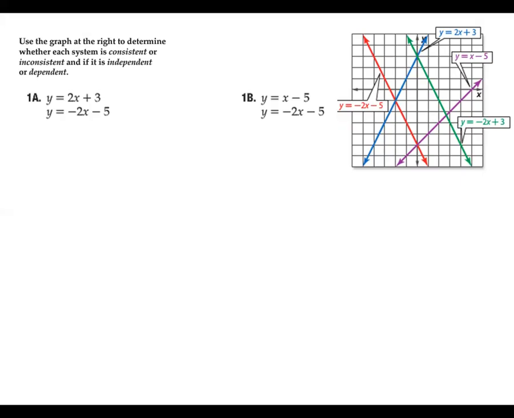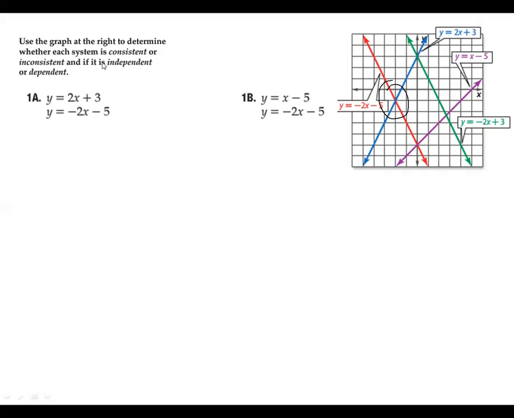Okay, we're back. So let's use the graph at the right to determine whether each system is consistent or inconsistent, and if it is independent or dependent. So 2x plus 3 is the blue line, and negative 2x minus 5 is the red line. So you could see they intersect exactly once.